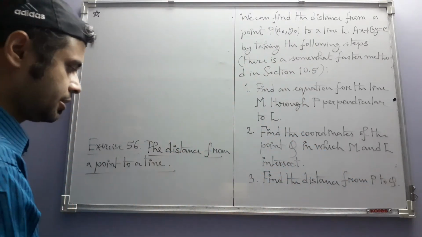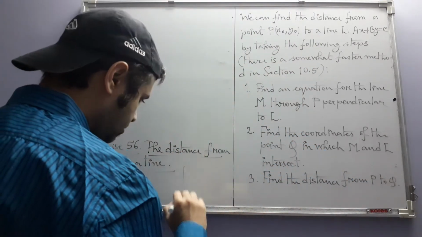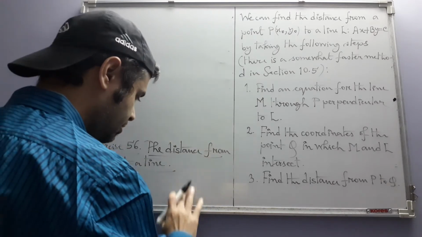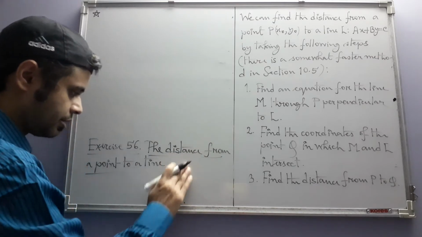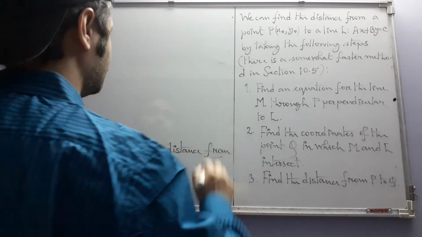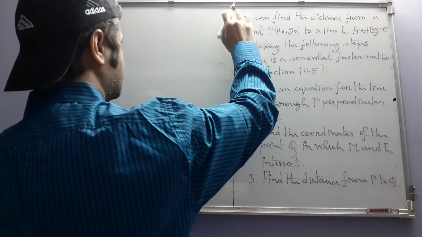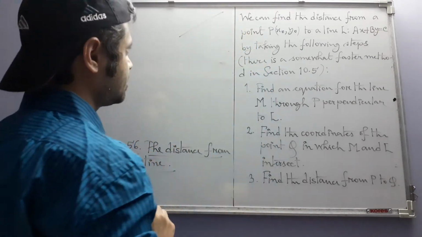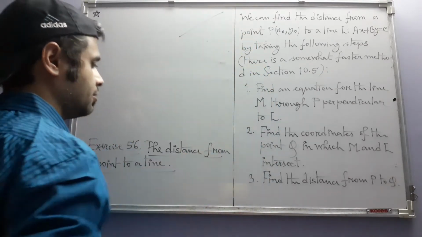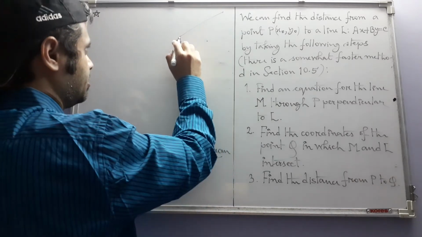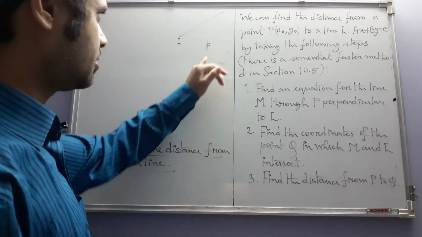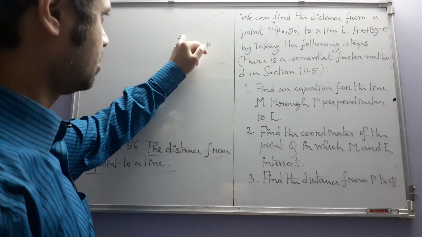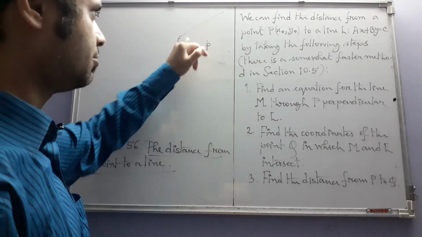So the situation is like this. Here you have a point, here you have a straight line. Let me draw it somewhat differently. You have a straight line and you have a point. This line is L, this point is P. Coordinates of P are given, the equation for L is also given.